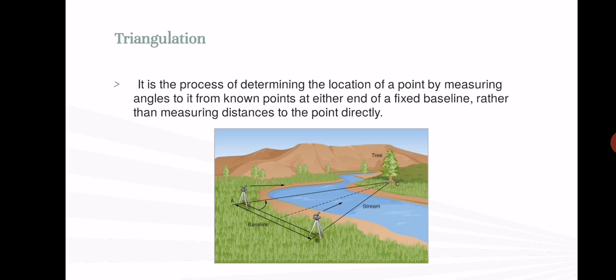So, triangulation is the process of determining the location of a point by measuring angles to it from known points at either end of a fixed baseline, rather than measuring distances to the point directly. हम ट्रायंगुलेशन को वहाँ यूज़ कर सकते हैं जब हमें किसी अननोन पॉइंट या फार अवे पॉइंट का डिस्टेंस मेजर करना हो और वो रीचेबल ना हो। आप ये फिगर में देख सकते हैं, बीच में एक स्ट्रीम रन कर रहा है.